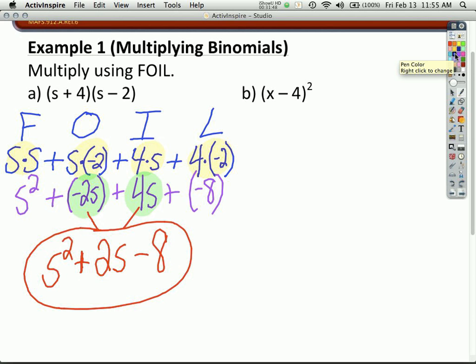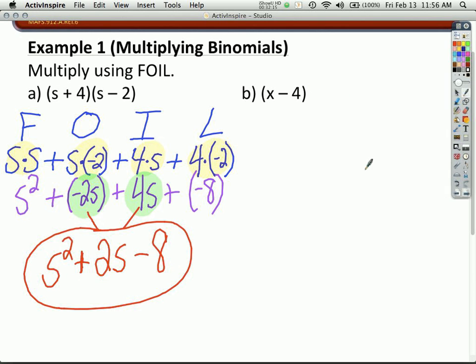Okay, well, we still got training wheels on, so now we're going to do this. Is that a binomial times a binomial, though? Well, if you're having trouble seeing it, isn't there another way to write something to the second power?